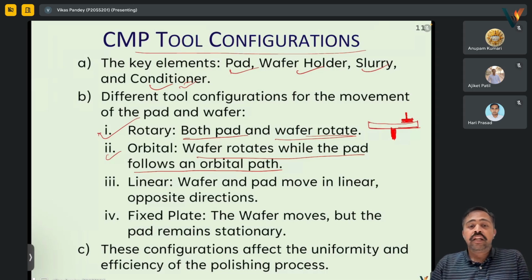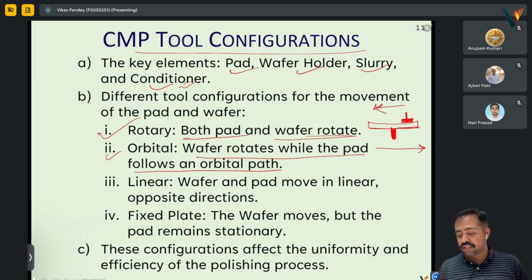Third is linear, where the wafer and pad move in linearly opposite directions. That means the wafer is moving like this and the pad will move like this. But in all these cases, the pad will keep rotating. It is not stagnant, like it is not rubbing like a duster. Even if it is going linear, it is rotating around its axis.